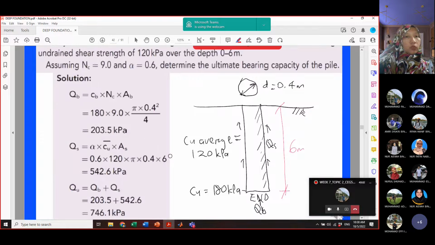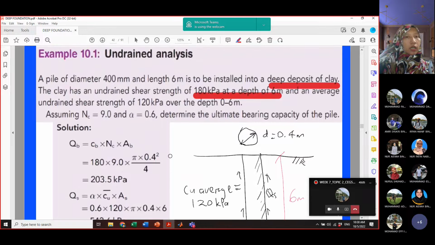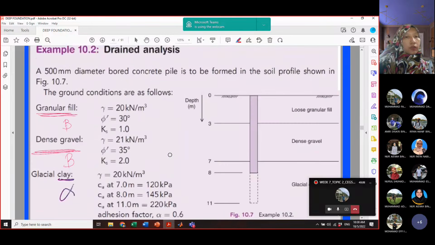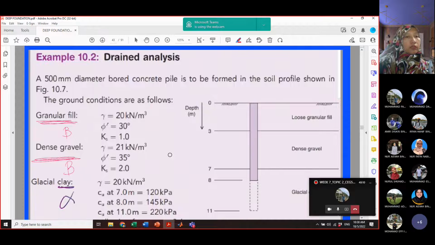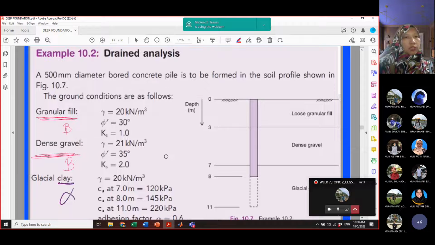Okay, this is for the condition where we have a drained analysis. For the drained analysis, it can be said as a long-term effect, long-term stability.